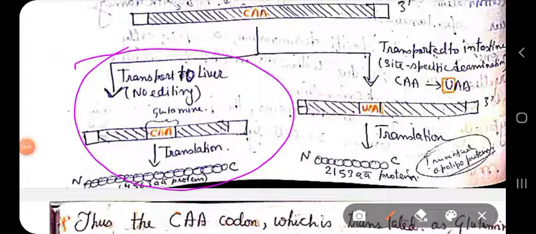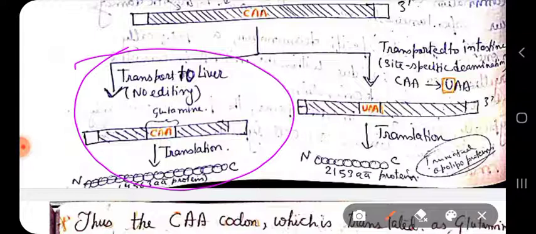Thus this apolipoprotein B100 is being formed. Normally apolipoprotein B100 consists of 4563 amino acids, and within the liver it has a different activity. It is essential for transport of cholesterol and other lipids in the blood.